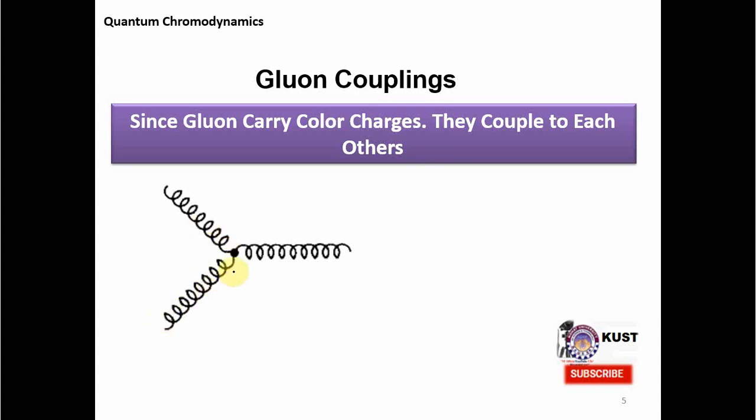In this primitive vertex diagram, you can see a gluon is coming, a gluon is going, and then there is another gluon which is emitted or absorbed. Or you can have this kind of diagram where this gluon and this gluon are coming and these gluons are going away. So you can construct first order diagrams, two vertex diagrams and so on. But the thing is that in quantum chromodynamics we can have two gluons interacting with each other.